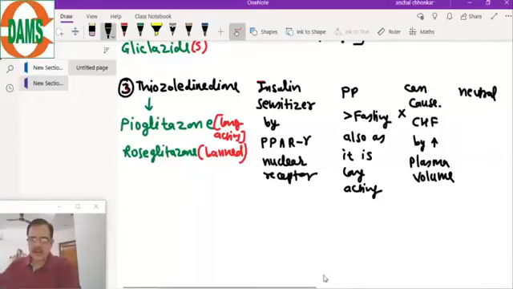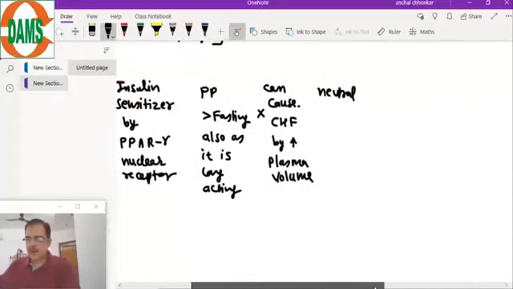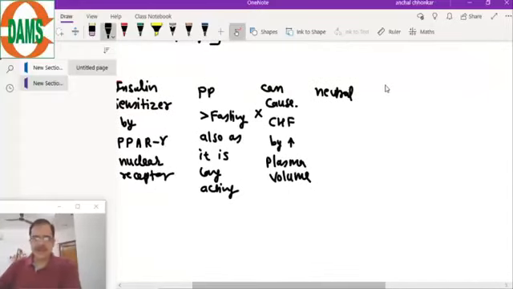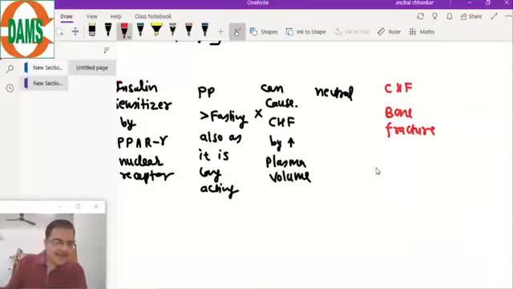Now come to the characteristic side effects of pioglitazone.